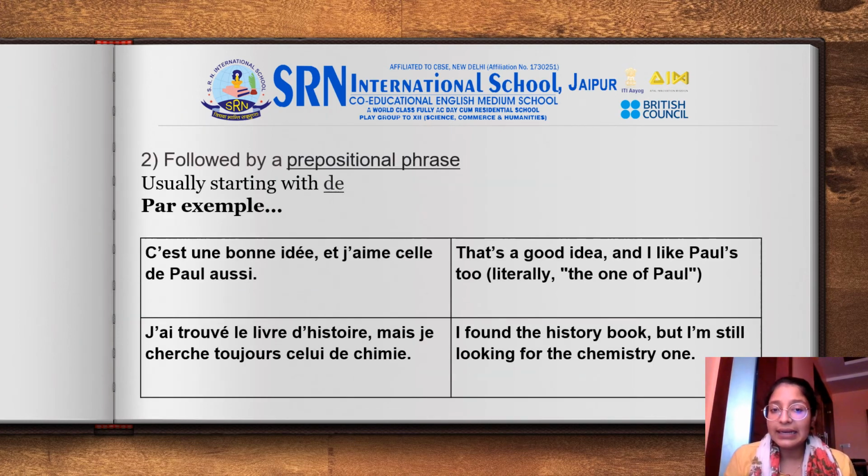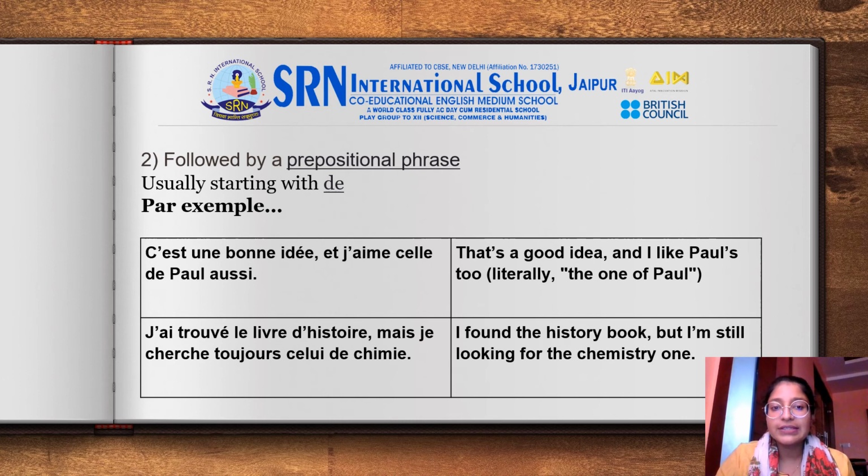Next, the second construction is followed by a prepositional phrase, usually starting with de. For example, c'est une bonne idée. That's a good idea. Et j'aime celle de Paul aussi. And I like Paul's too. So here, celle de Paul is replacing the idea of Paul.